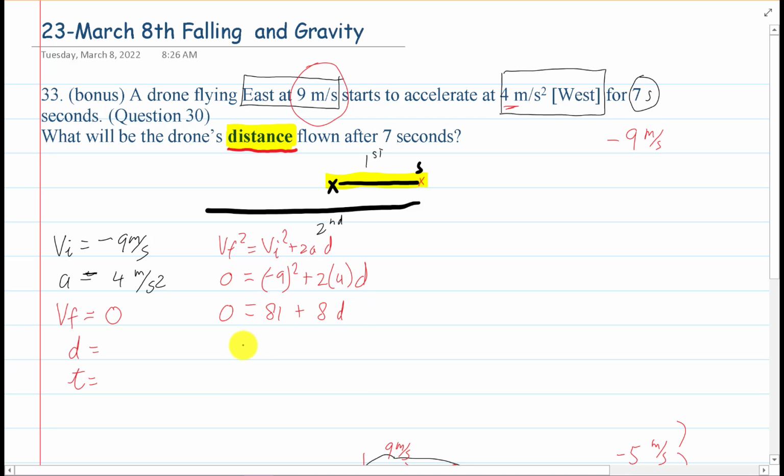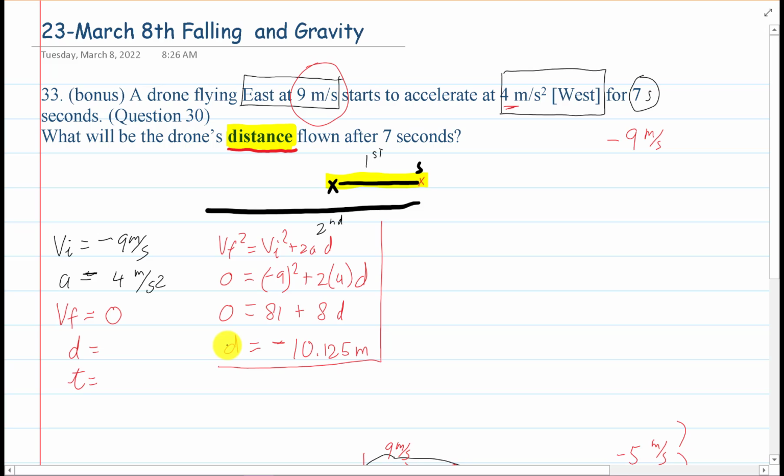So D is going to equal negative, because 81 goes over there and becomes negative, and it'll be 10.125 meters. Is that okay? Thumbs up?